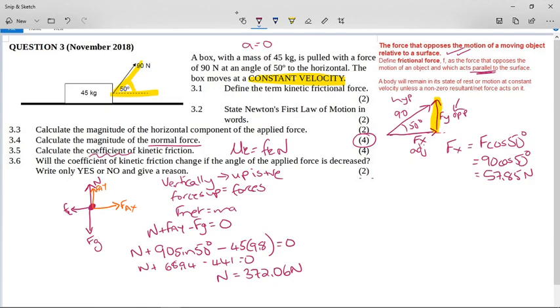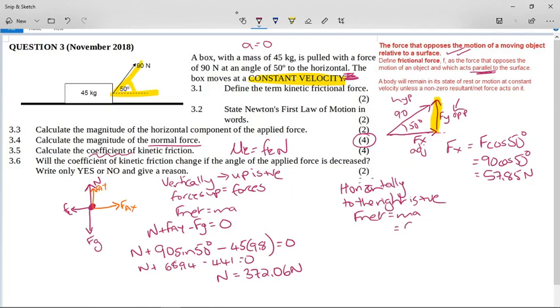Okay, so let's have a look horizontally on this object. And horizontally, this object is also in equilibrium because of this constant velocity thing. So if I say to the right is positive, because we always have to state our sign convention, we can say F net equals ma.